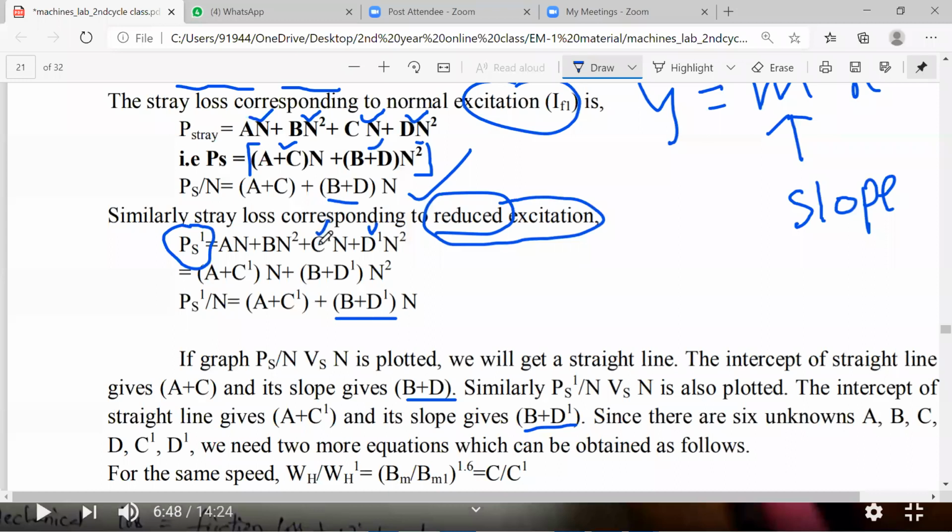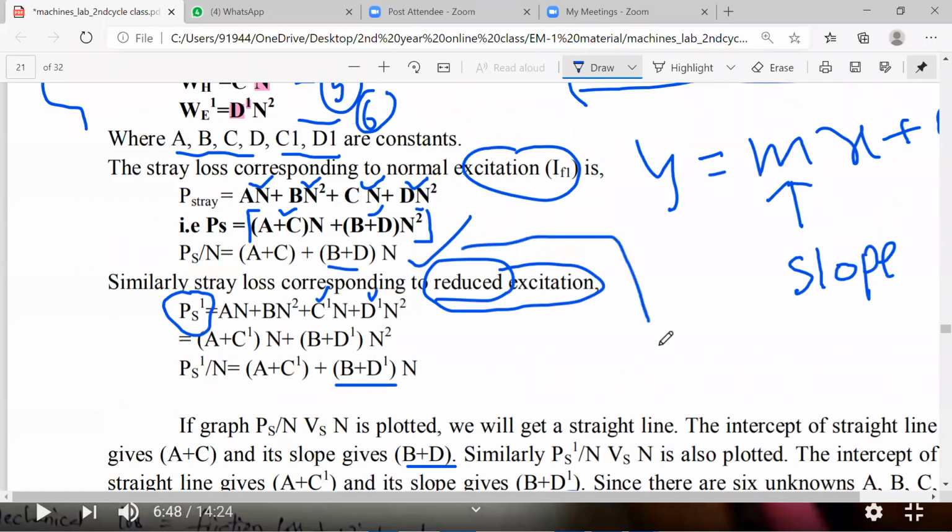C dash is a new constant with n, D dash is a new constant with n square. So Ps dash by n equals A plus C dash plus B plus D dash into n. We have these 2 new equations.